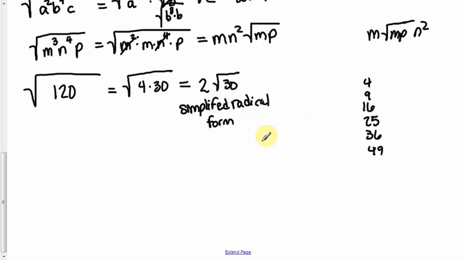Okay? That's the answer. This answer is said to be exact because you have not square rooted 30 with your calculator and rounded it. Okay? So this is called an exact answer, and it is called simplified radical form.